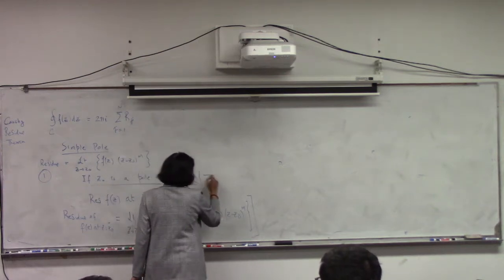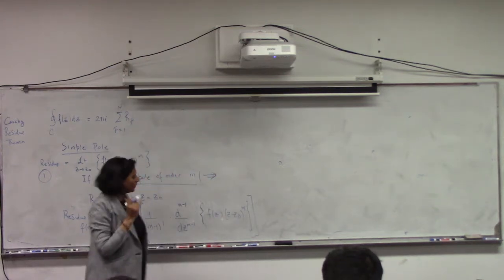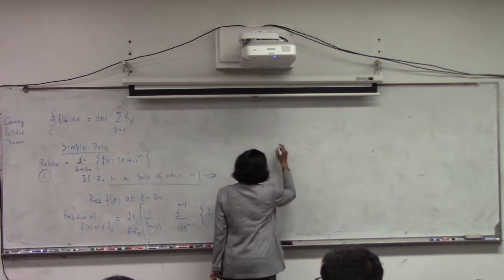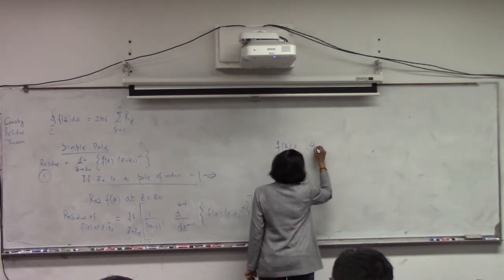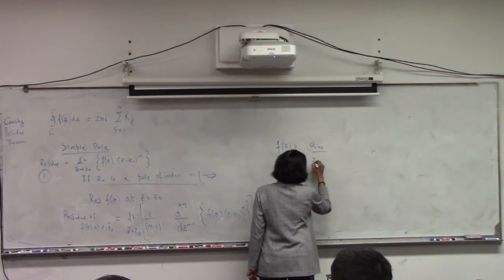Let's go back to the function having a pole of order n. That means f of z is of this form. The Laurent expansion is of this form.